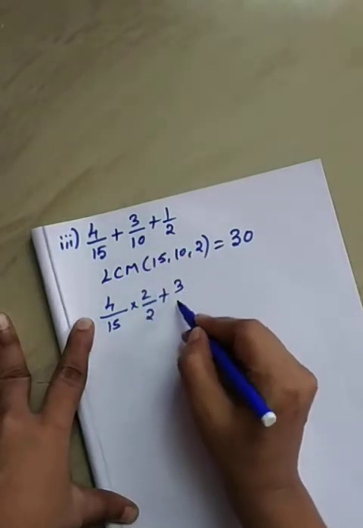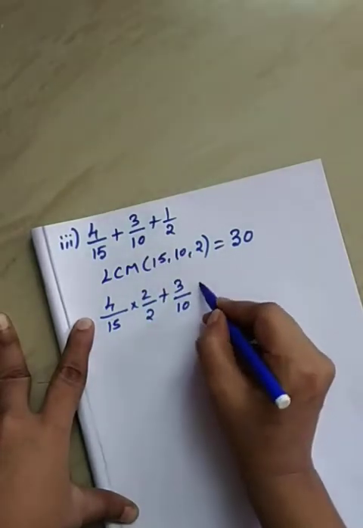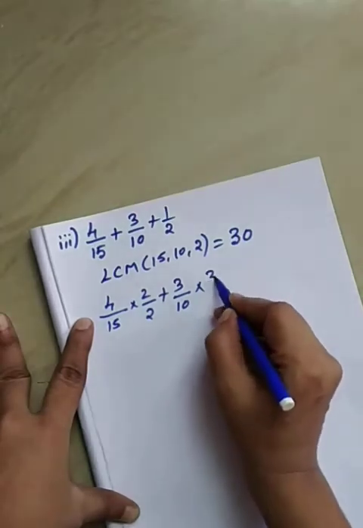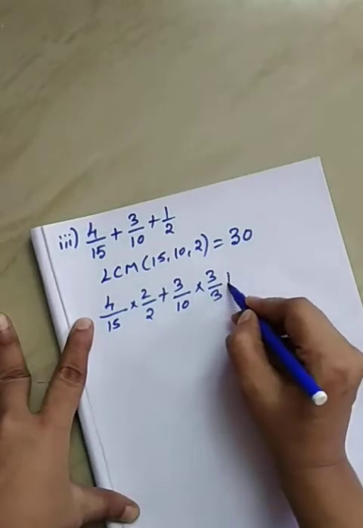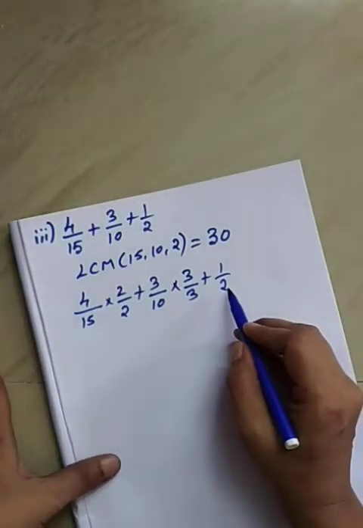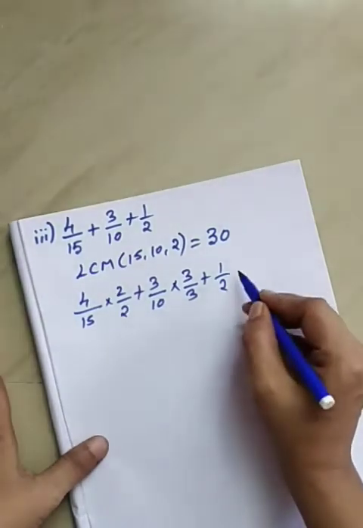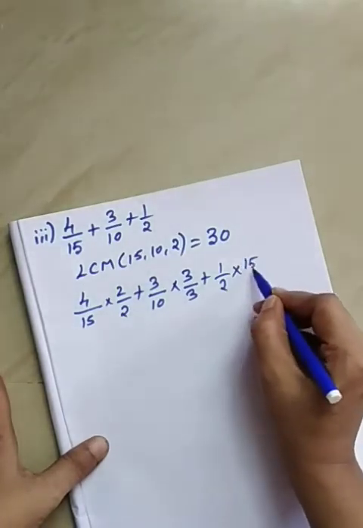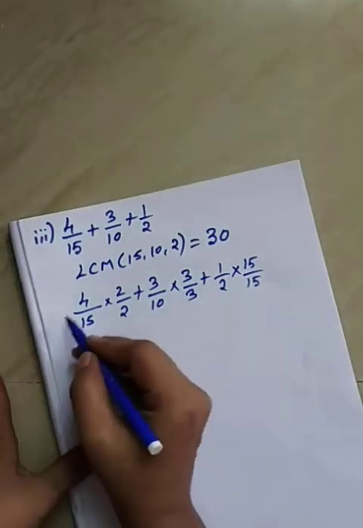Plus the next value, 3 divided by 10, you need the denominator 30, so you can multiply 3 divided by 3. Plus 1 by 2, you need the denominator 30, so which value can you take? 15 divided by 15. Clear?